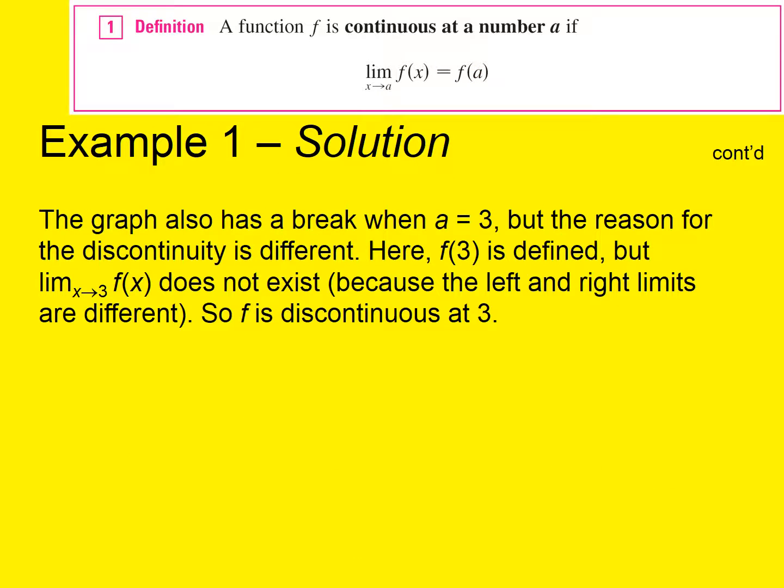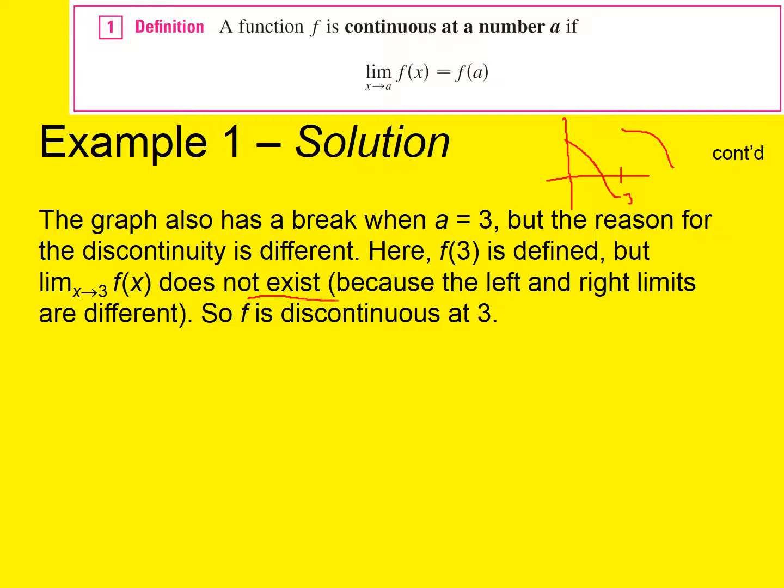The graph also has a break when a equals 3, but the reason for the discontinuity is different. At 3 we had this kind of thing going on. Here f of 3 is defined, but the limit as x approaches 3 of f of x does not exist because the left and right hand limits are different. So f is discontinuous at 3.